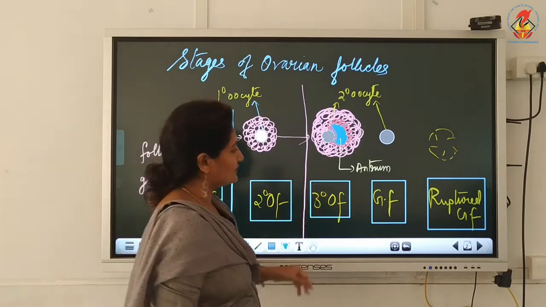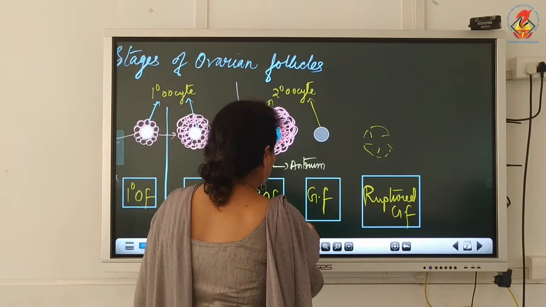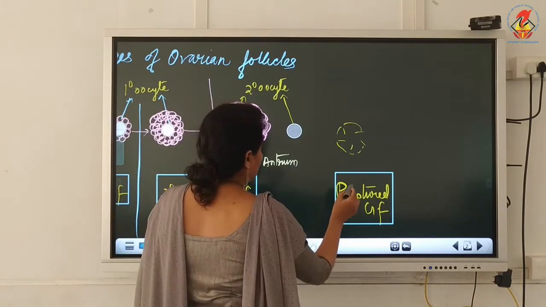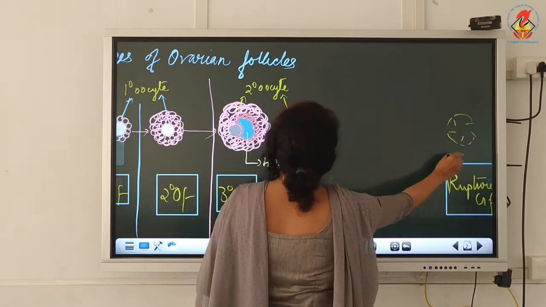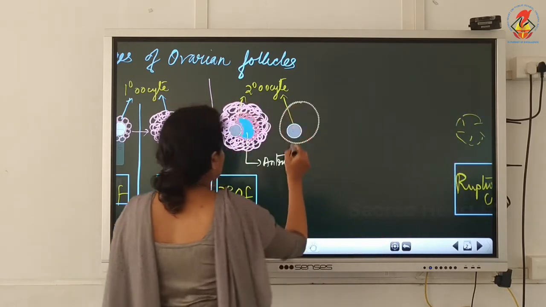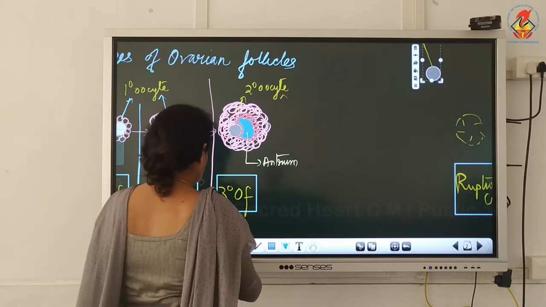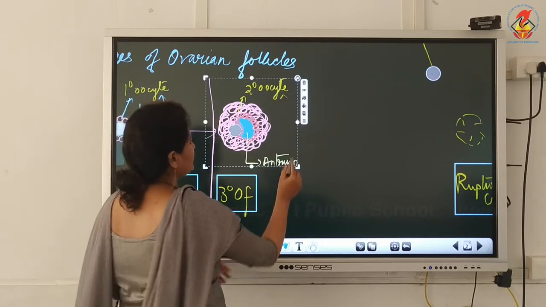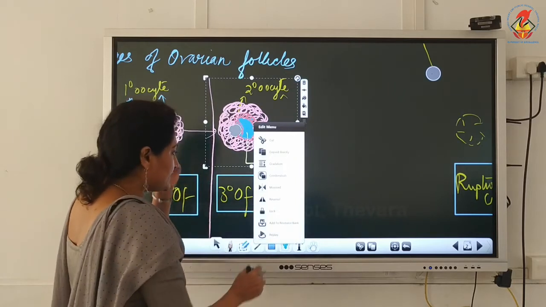Next, what happens is the Graafian follicle. Now, for Graafian follicle, what I am going to do is, this diagram, I am going to replicate this diagram so that it will be instilled in your brain.